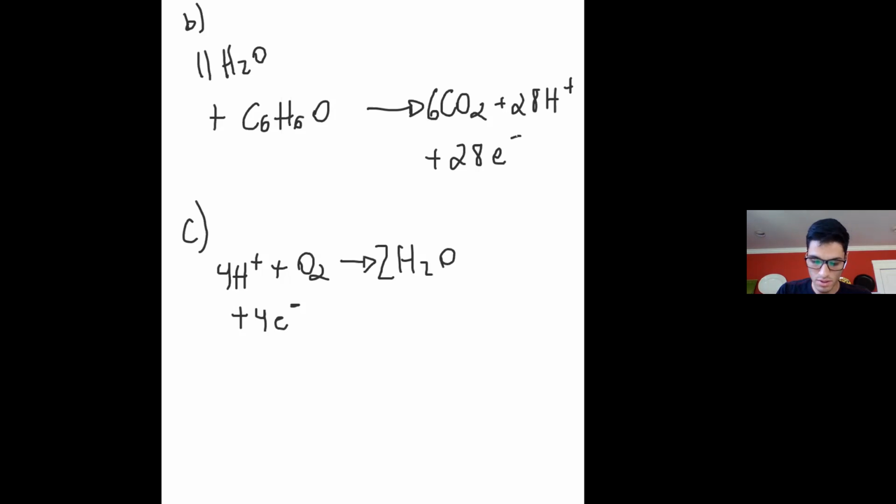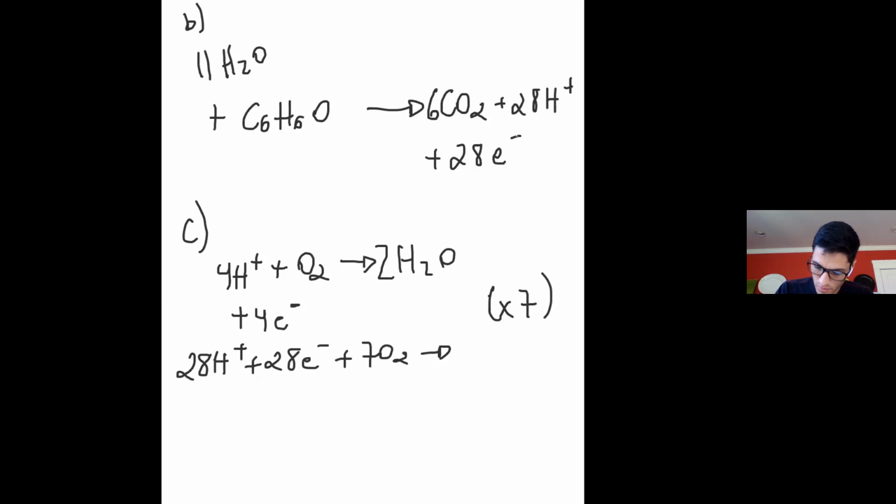So what we can do is multiply this equation by 7, both sides. So we are going to have 28H plus, 28 electrons, plus 7O2, and then 14 H2O.